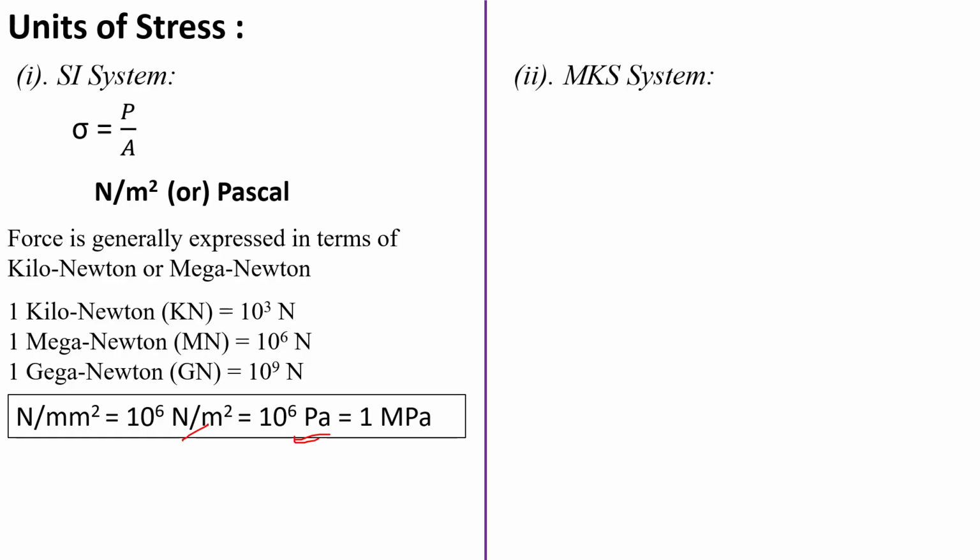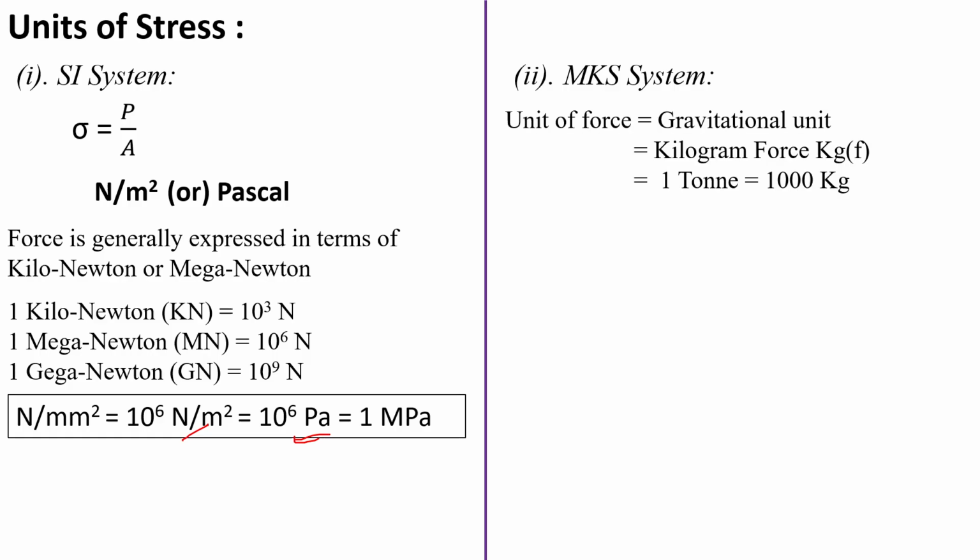Next we look at the units in the MKS system. In the MKS system, the unit of force is the gravitational unit, that is the kilogram force or kgf, and in general we express it in terms of tons, where 1 ton equals 1000 kg.